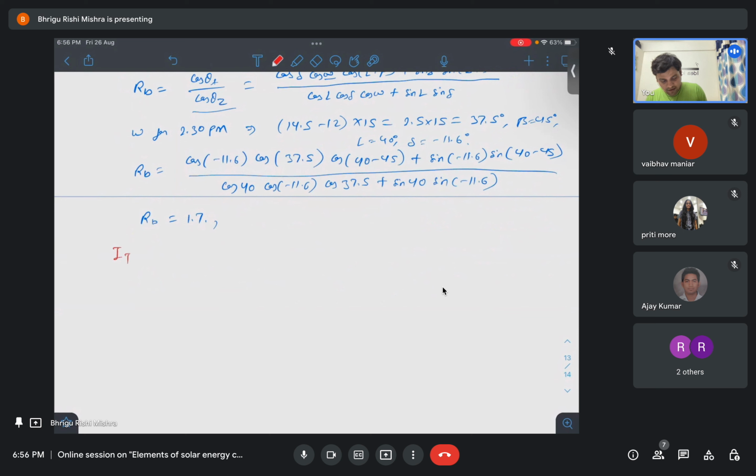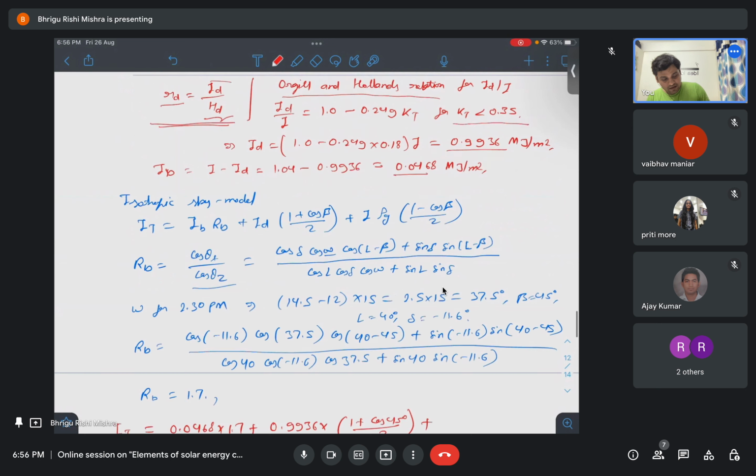Okay, so we can calculate the total radiation on the tilted surface IT as IB, 0.0468, into RB 1.7, plus ID, 0.9936, into (1 plus cos beta)/2, and here beta is 45 degrees, so cos 45 degree by 2.